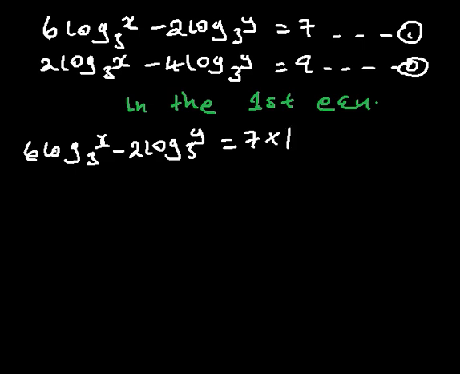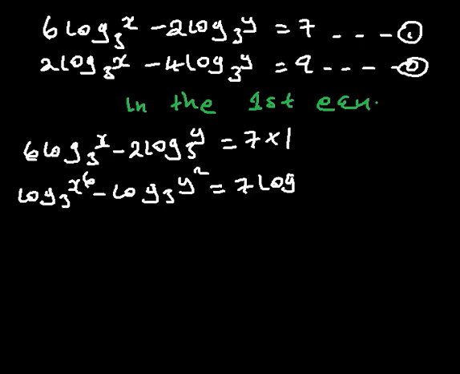We also have to transfer the coefficients to be the powers. So we have log base 3 of x to the power 6, minus log base 3 of y to the power 2, which is equal to 7 times log base 3 of 3.